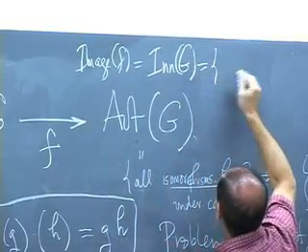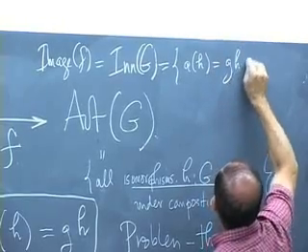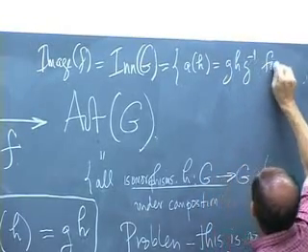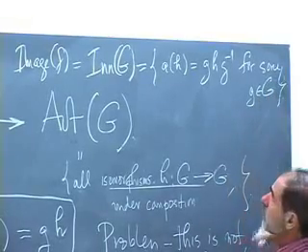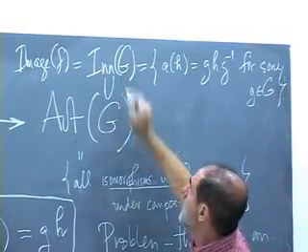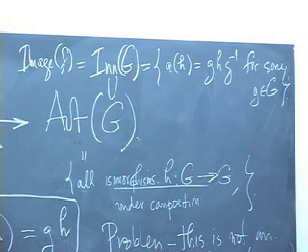Those are all the automorphisms that have the form A of H equals G H G inverse for some G in G. It's an interesting subgroup of the automorphism group of G. And for the Klein 4 group, the inner automorphism group is trivial, and the full automorphism group is the symmetric group on 3 letters.